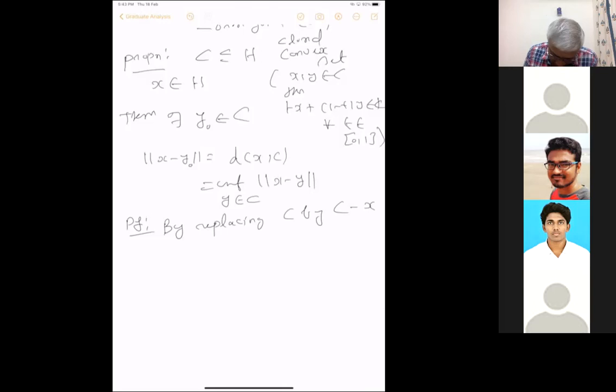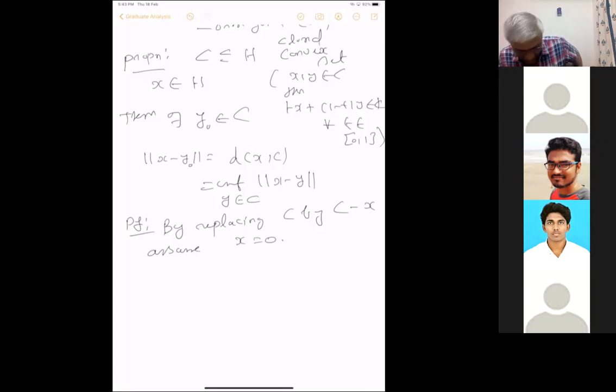So by replacing this, we assume x to be 0, so that you need not worry about some plus sign. If you can prove it for the convex set C minus x, then we are proving it for any convex set.